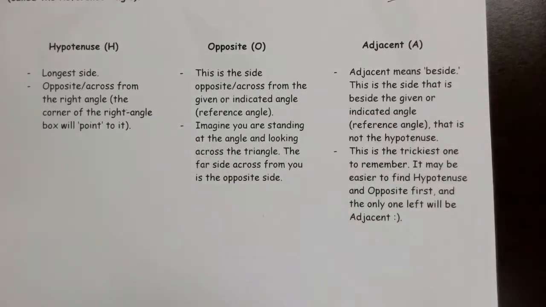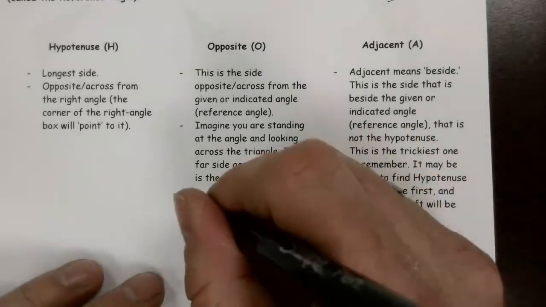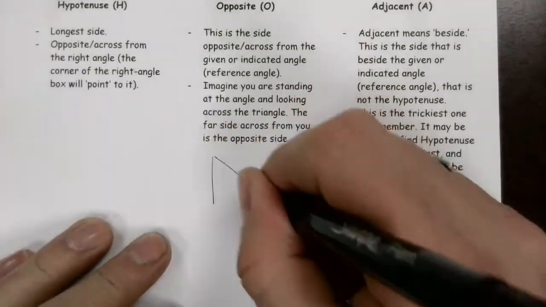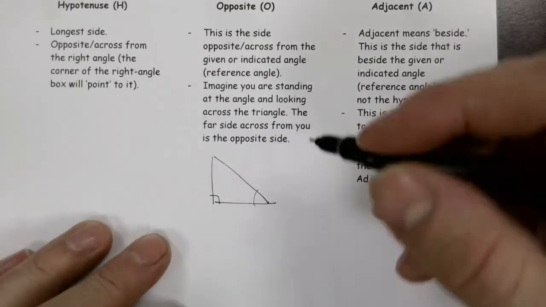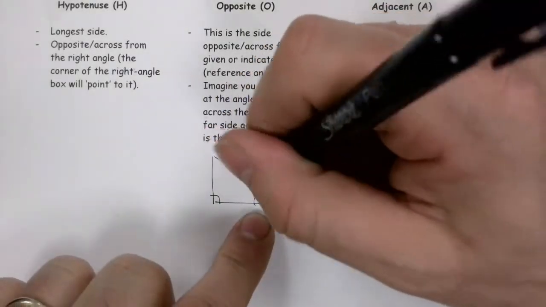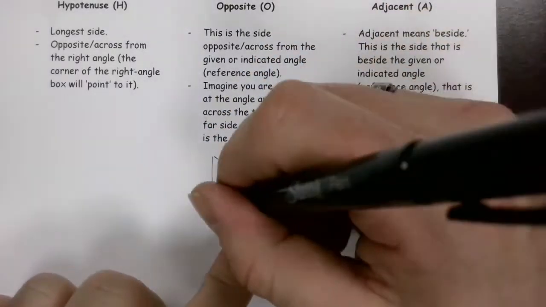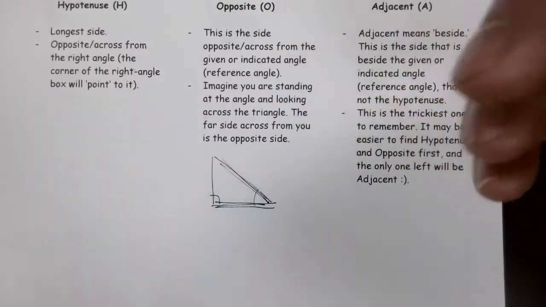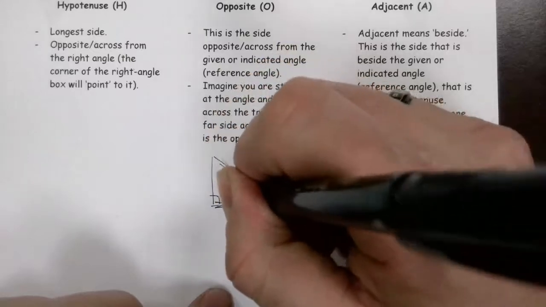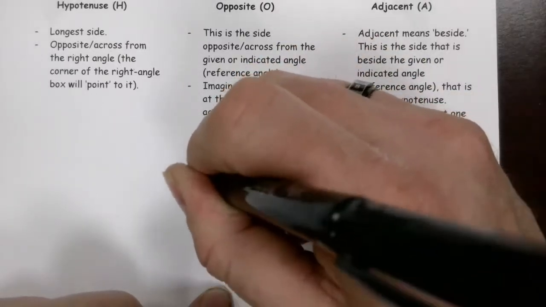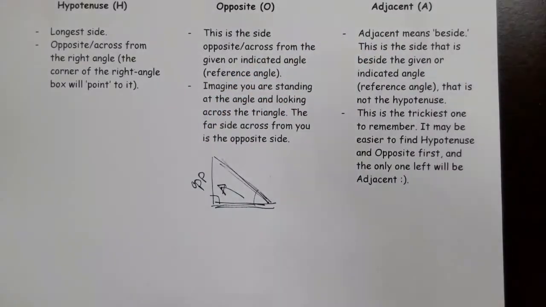The far side is the one opposite you. Another way of thinking about it is, for example, this angle right here. To make this angle, I'm using that side and this side. The side that I'm not using to build this angle is the opposite. It's the one on the other side of the triangle not being used to create it.